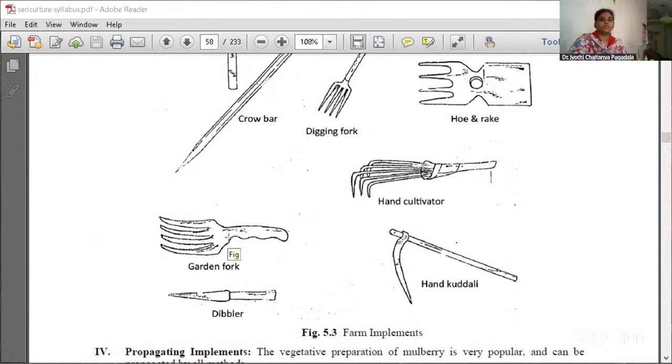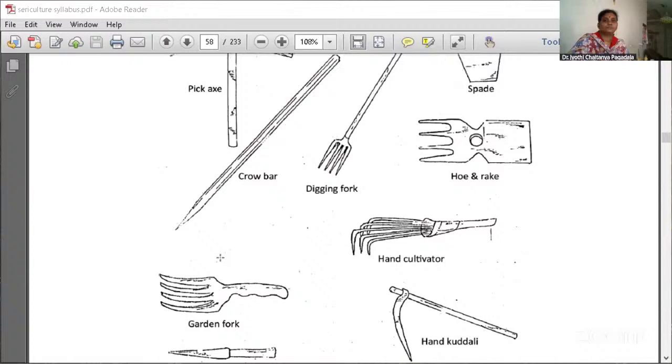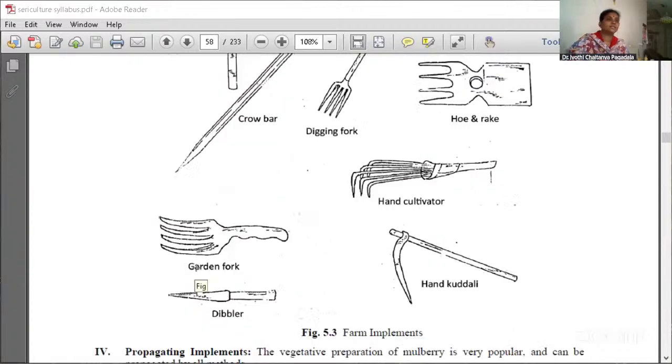And the next one is propagating implements. And the next one is transplanting implements, used for transplanting purposes.